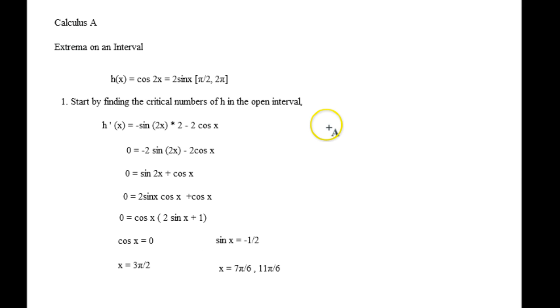Then what we're going to do is plug these values into the original equation, which was h of x equals cosine of 2x minus 2 sine of x.